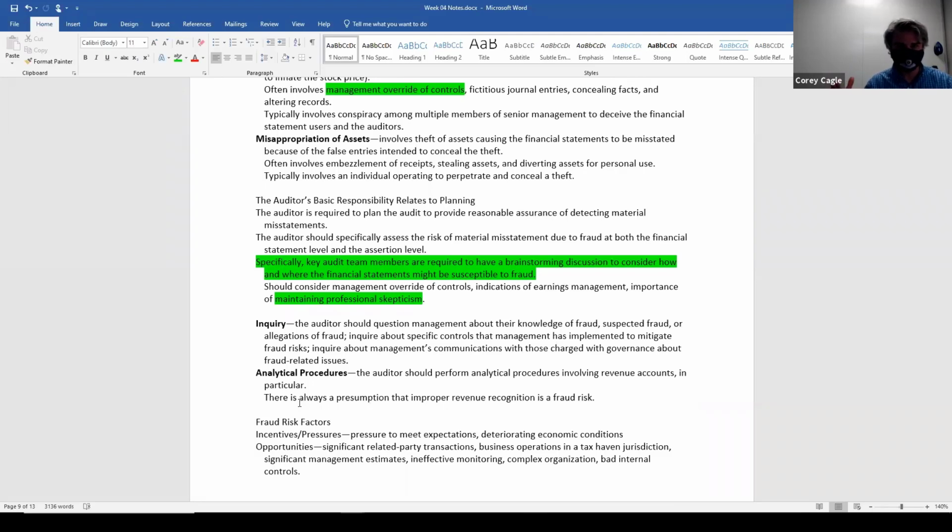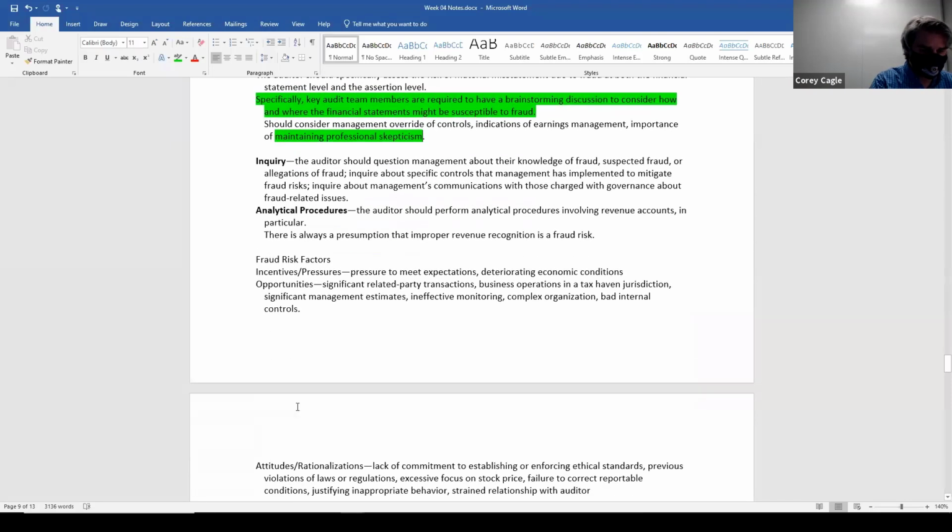Should we zero in on some specific area? And then we'll also want to know, how do you communicate to everyone about fraud, and what kind of tone, you're assessing their tone at the top and everything. And then on your analytical procedures, especially involving revenue accounts, because that's always a big risk factor.